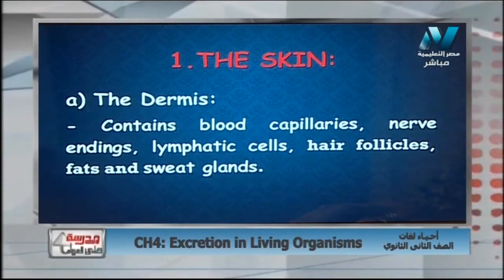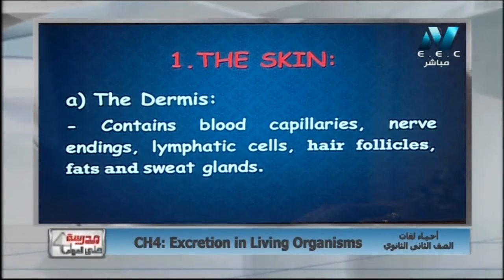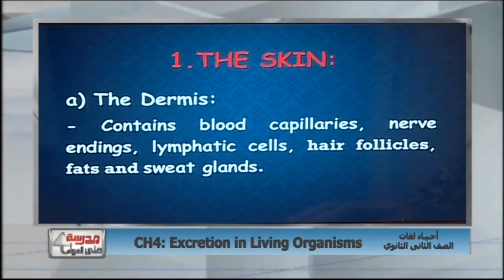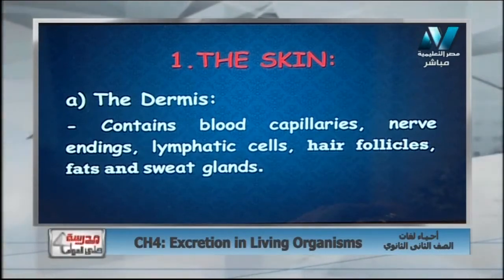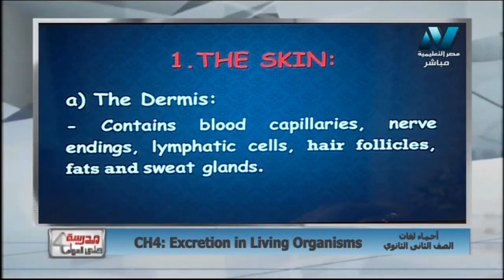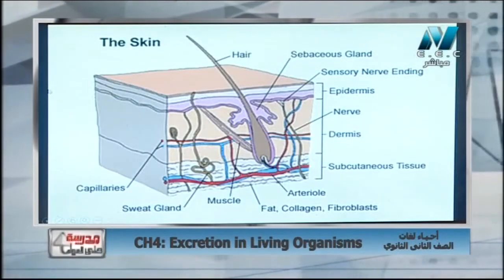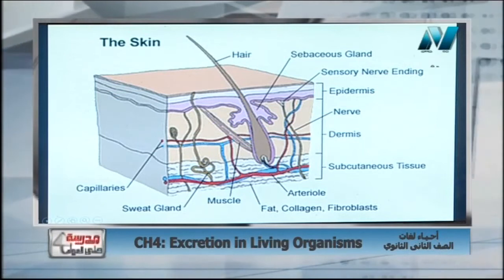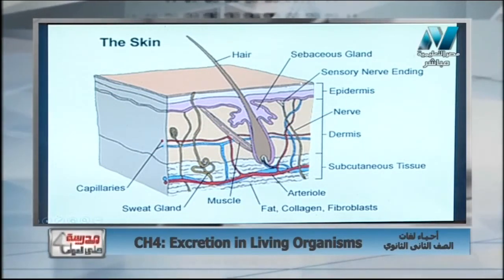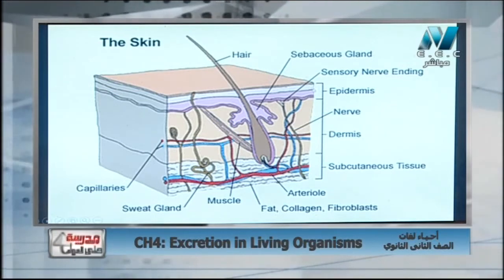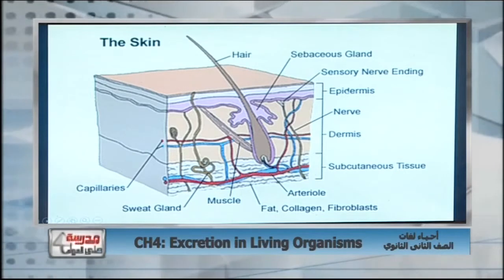And the dermis contains many things like blood capillaries, nerve endings, lymphatic cells, hair follicles, fatty cells, and sweat glands. Let's see a section of the skin and see what the components of the skin are. As you see, the upper layer here is called the epidermis. Do you see it?